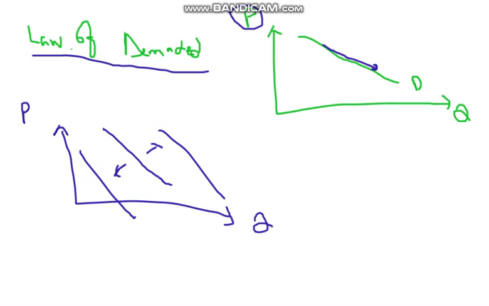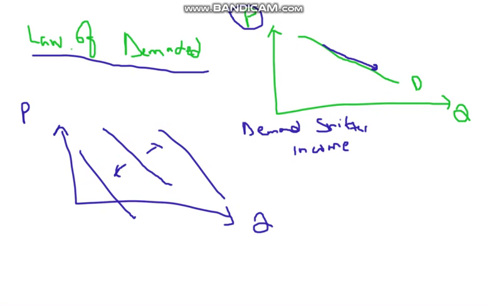The external factors could be the income of the consumers. So these are some demand shifters which shift the demand curve rather than causing movement along the demand curve.